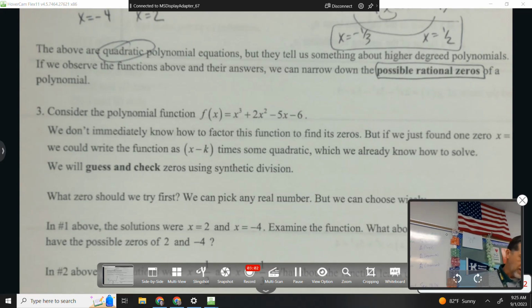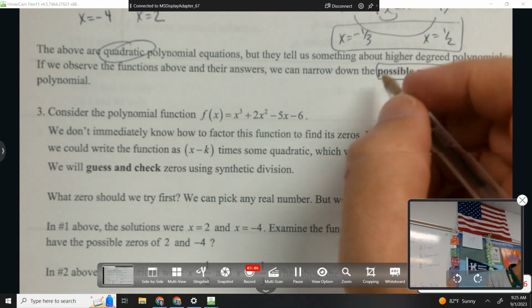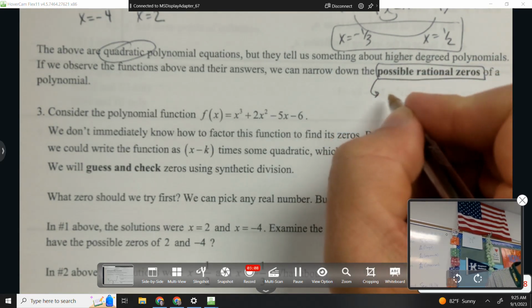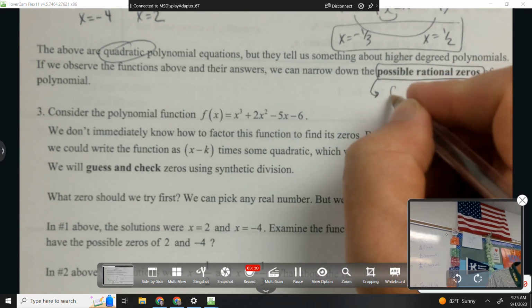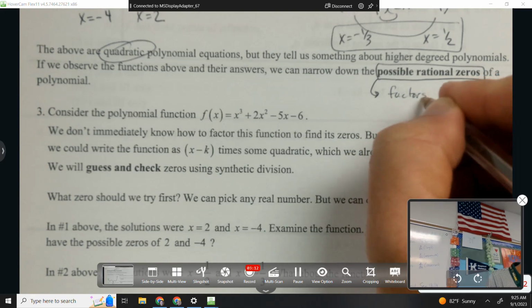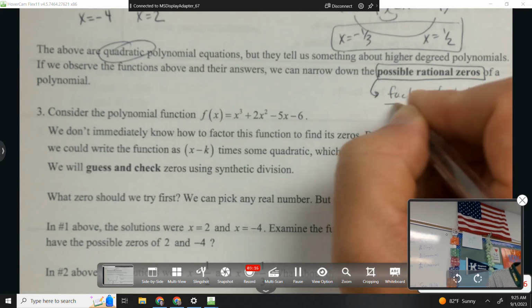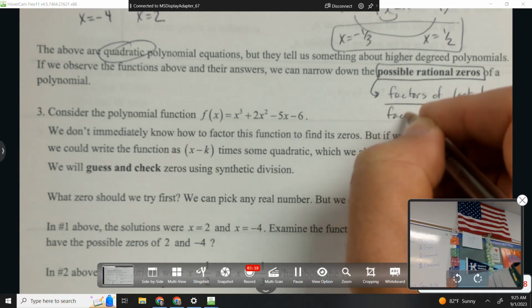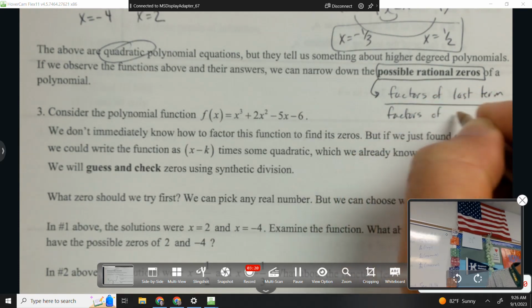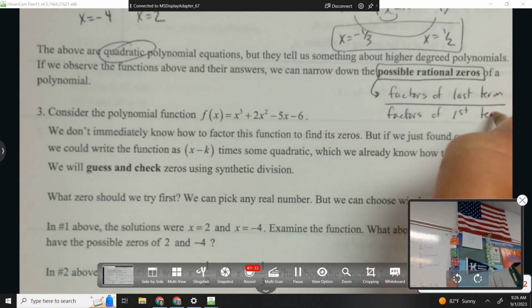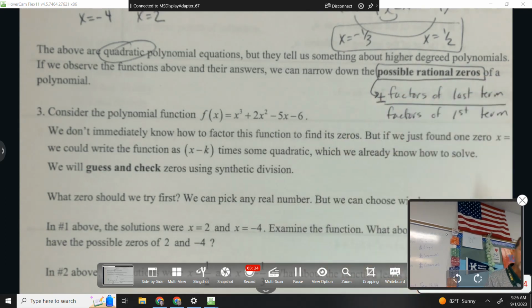In fact, let's just say what it is now instead of working our way there. The possible rational zeros are the factors of the last term divided by factors of the first term, and plus or minus on all that.